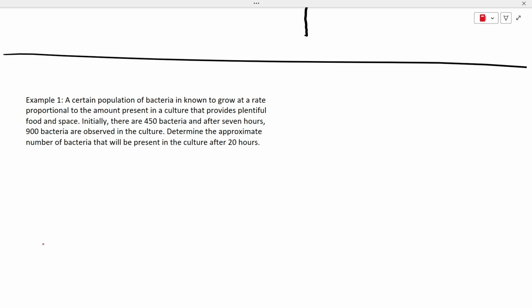Analyzing the problem, we are given 450 bacteria initially. So we can say that at time 0, the initial bacteria, A sub 0, is 450. After 7 hours, A sub 7, there are 900 bacteria present in the culture.